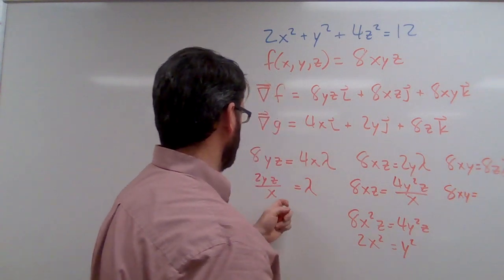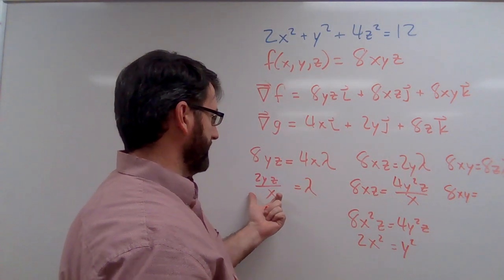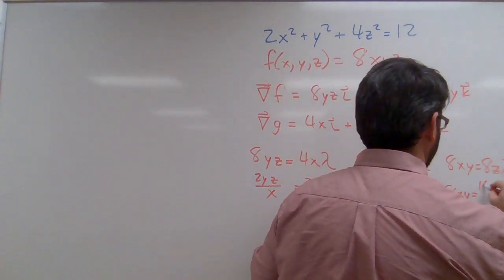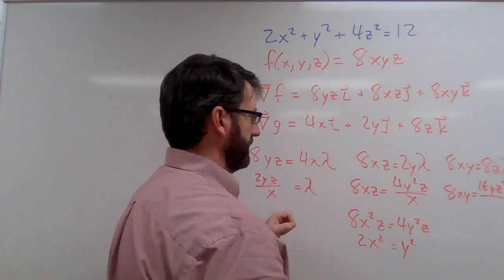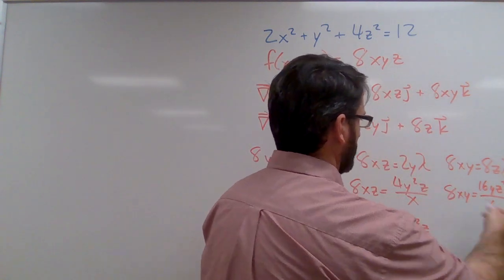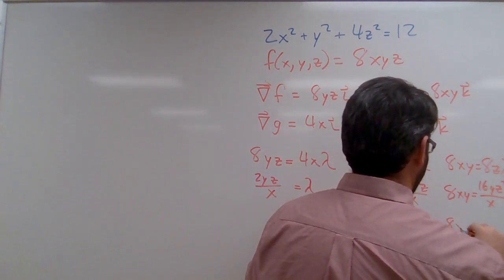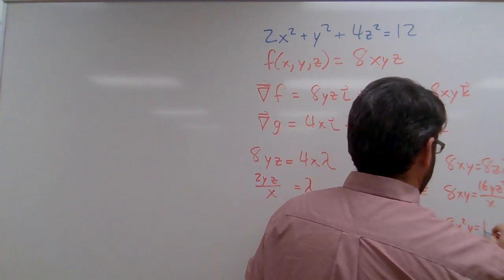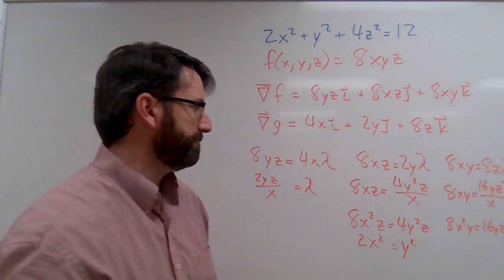All right. And then if we use our lambda again over here, we get that 8xy is equal to 8z times our lambda. So this is going to be 16yz squared over x. Multiply by x, we get 8x squared y is equal to 16yz squared.